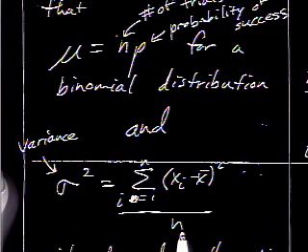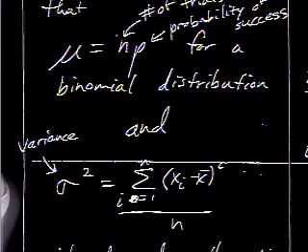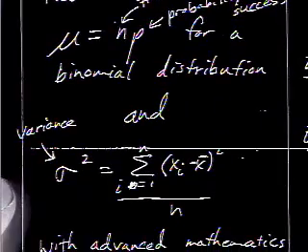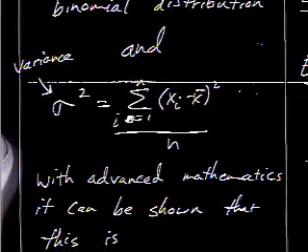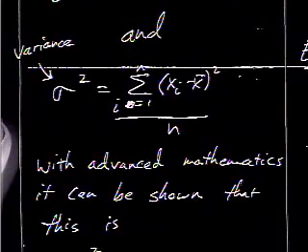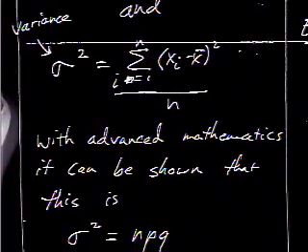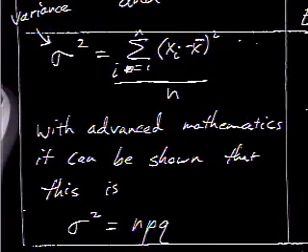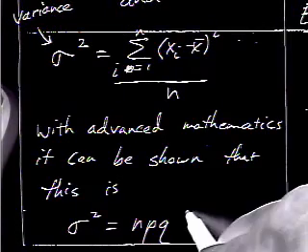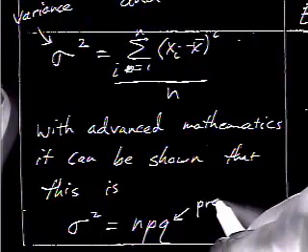But we're not really interested in the variance so much as we are the standard deviation. And with advanced mathematics, it can be shown that a shortened version of that would be sigma squared is equal to npq. npq, not that difficult. q being the probability of failure.